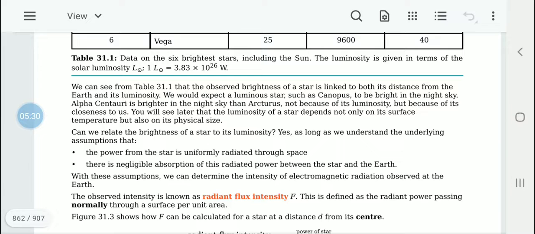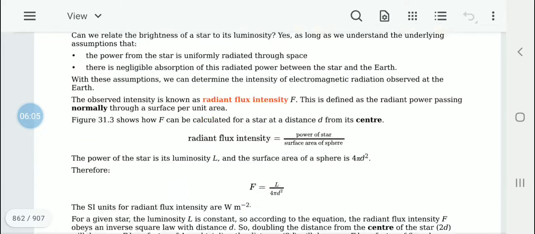Based on these assumptions, we can determine the intensity of the electromagnetic radiation, and then using that we can reach different conclusions. The observed intensity of this electromagnetic radiation is known as radiant flux intensity F, and this is defined as the radiant power passing normally, that is at 90 degree angle, through a surface per unit area.